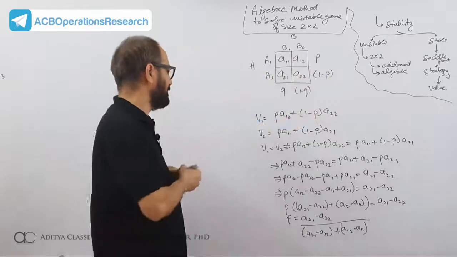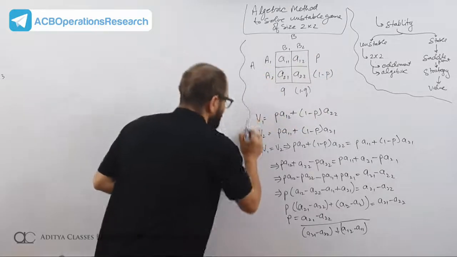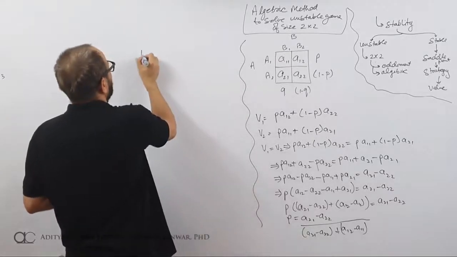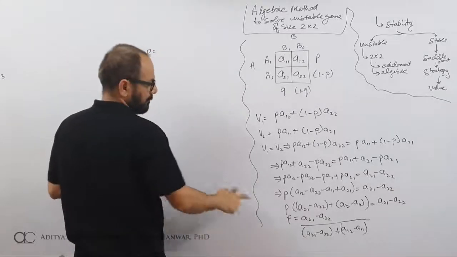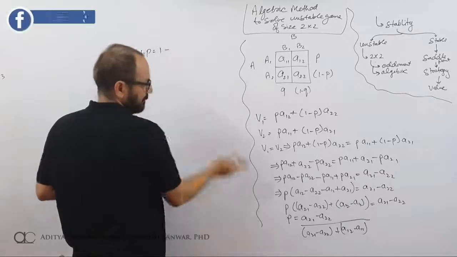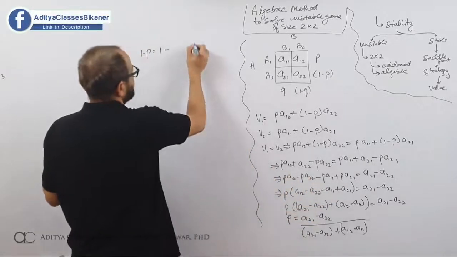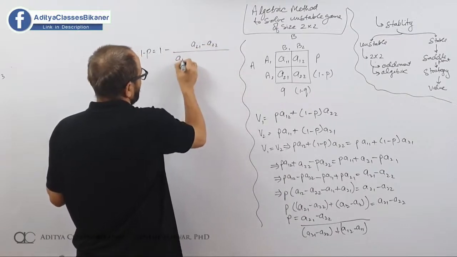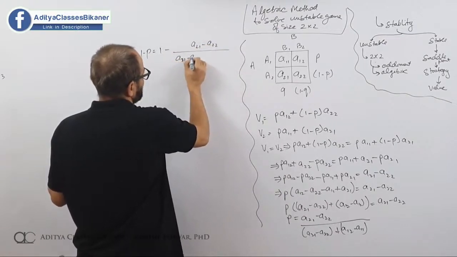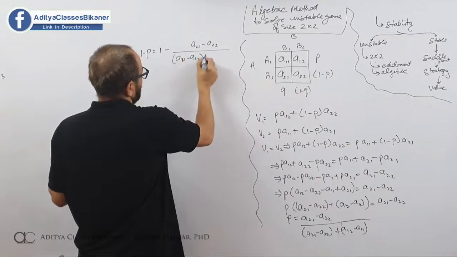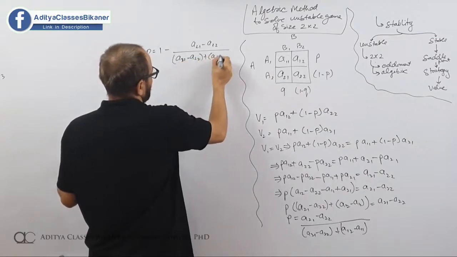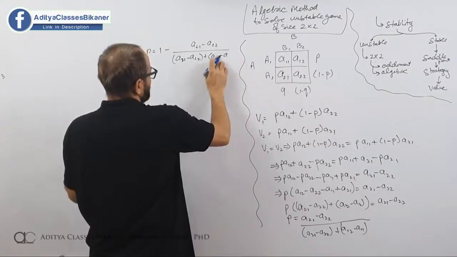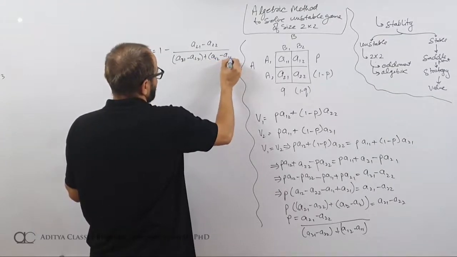And what is 1 minus P? If I try to find out 1 minus P, 1 minus P is equal to 1 minus this complete thing, which is A21 minus A22 upon A21 minus A22 plus A12 minus A11.